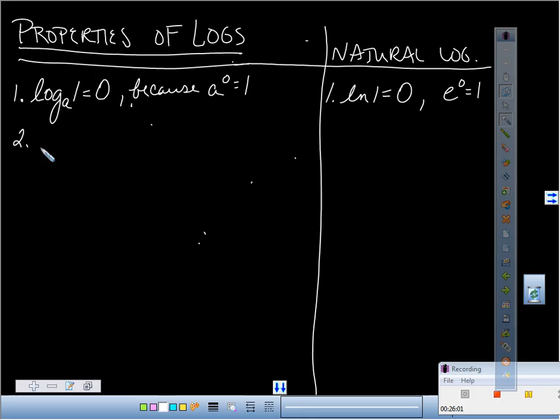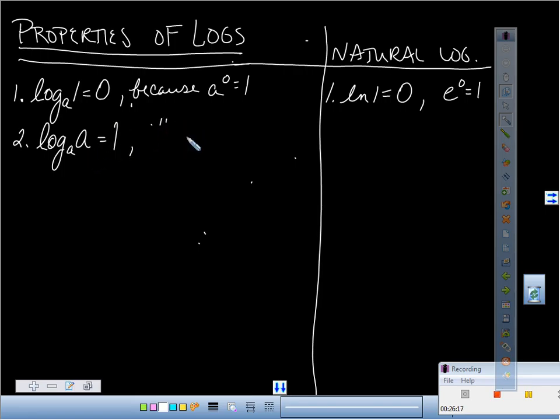Here's the second one. The second one is log base A of A. 1.